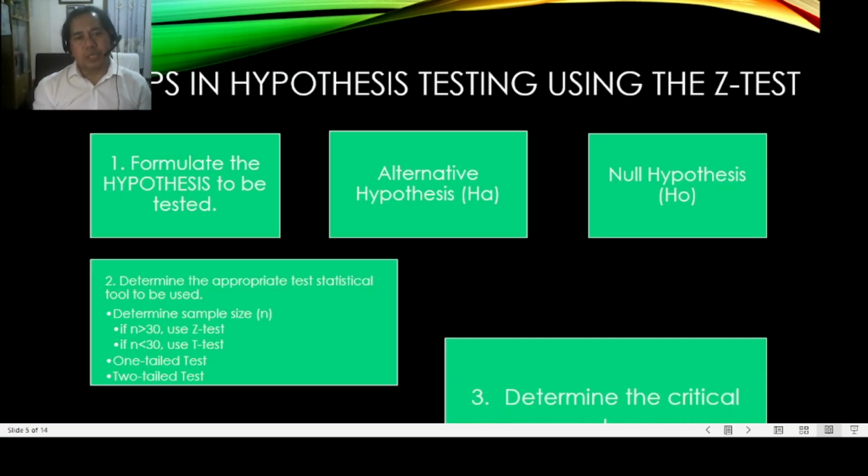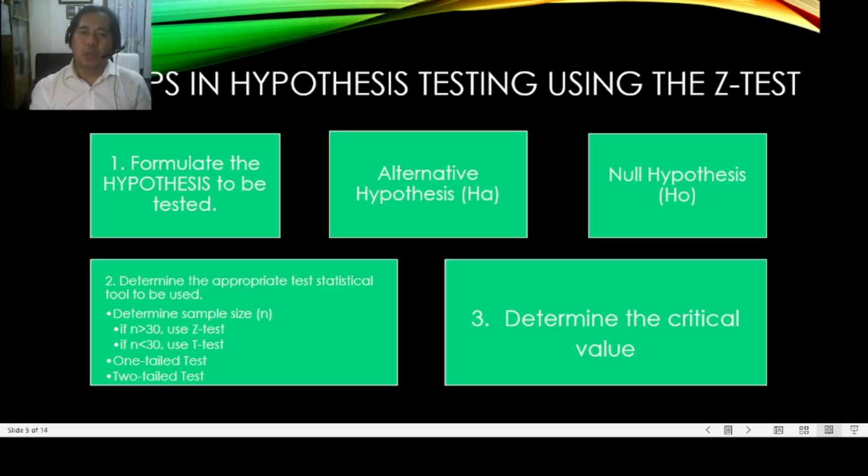For step number 3, we have to determine the critical value. When we say we have to determine the critical value, meaning to say, before we start our investigation, these things are, of course, set prior to the investigation, okay?